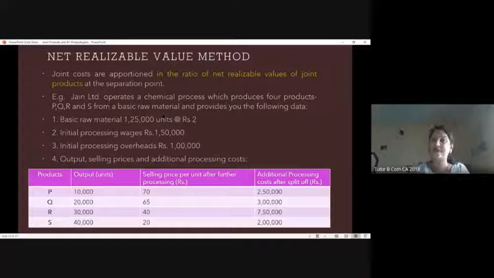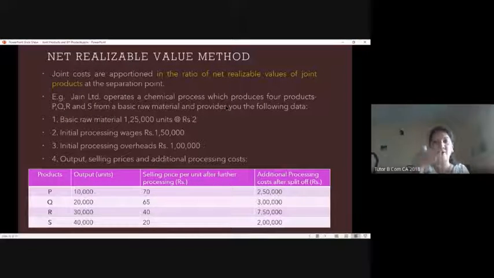Now, there is an example in front of you. This company operates a chemical process which produces four joint products. Byproduct is a different concept which we are yet to discuss. Here it is four joint products, which are P, Q, R, and S, from the basic raw material.